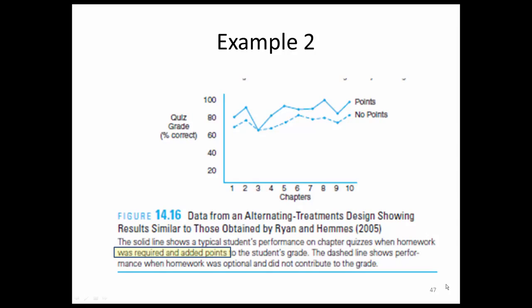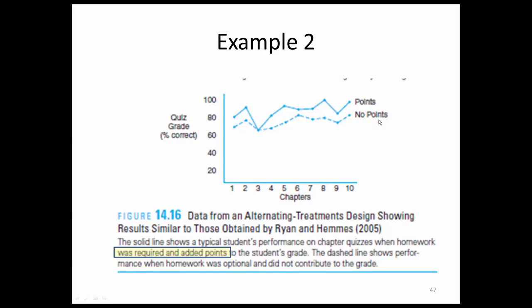This example shows a situation where the researcher wants to compare two conditions. One condition under which students receive points for doing their homework, and the other situation is where students don't get any points for doing their homework.